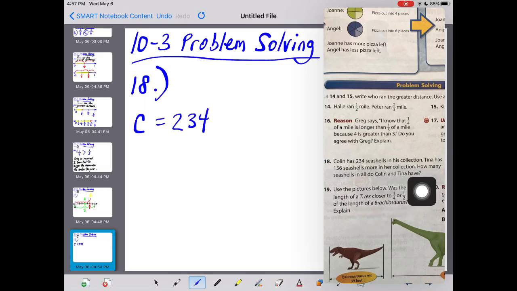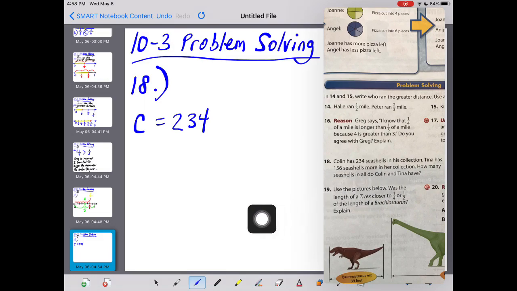So if you read that fast, doesn't it look like it says Tina has 156 seashells? Say, oh, cool. All I have to do is add 234 plus 156, and I will know how much they have in all. But if you read it carefully, you would notice that it says Tina has 156 seashells more in her collection.